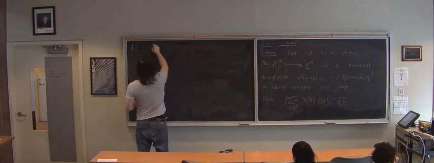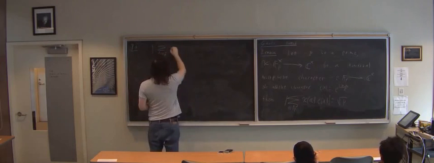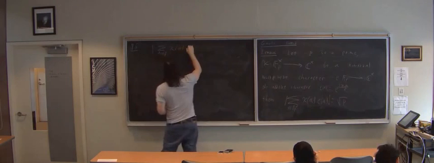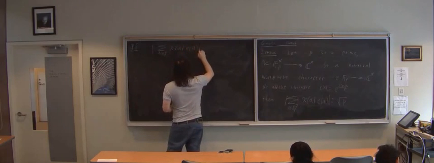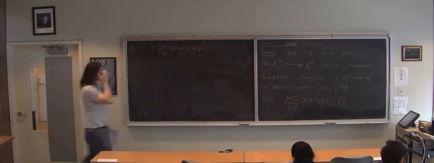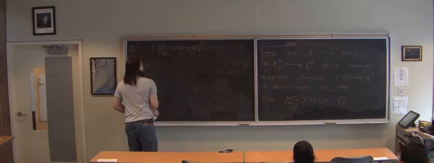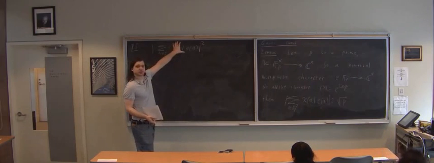So the proof is quite standard, I guess. What we're going to do is compute the square of the norm of this sum. So this is just this guy times its conjugate.